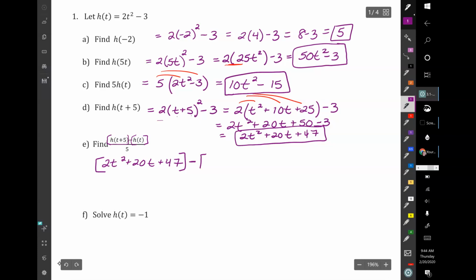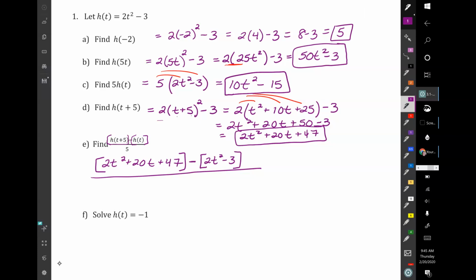But make sure you put the parentheses in. That's really important because we have to distribute that negative. And sometimes I see that forgotten about, so be real clear on that. Those are two pieces that are subtracted. So we're going to need to change the signs on that second function there.